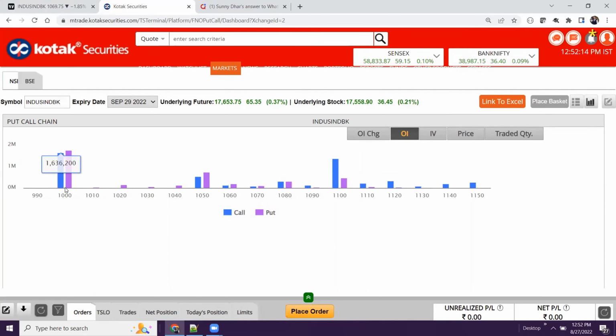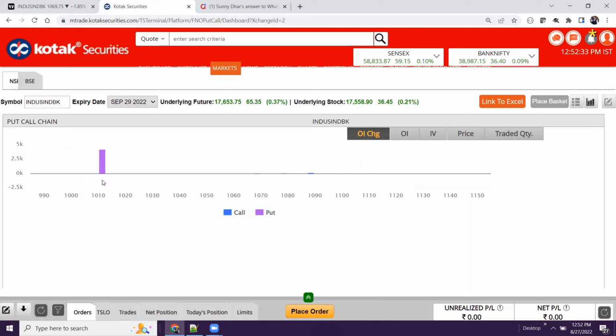Suppose I have taken a positive trade, so I will short the put. And if the stop loss is hit because price went below 1,000, it means someone will have taken out of this position. You will see a drop in the OI. This is the rise, right? But next day you will see a drop in that position.